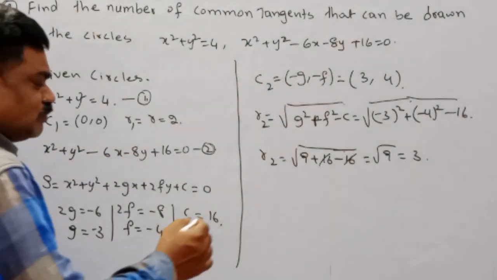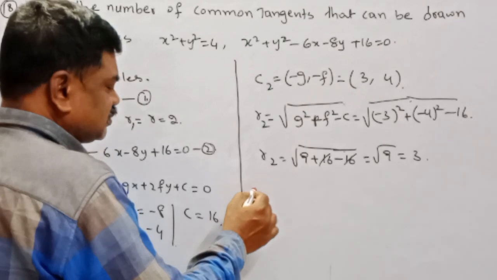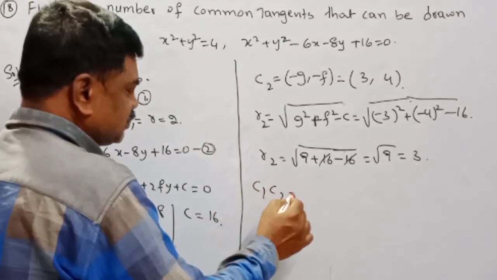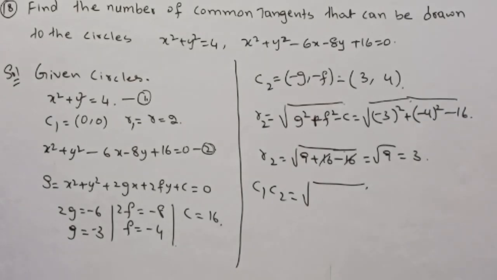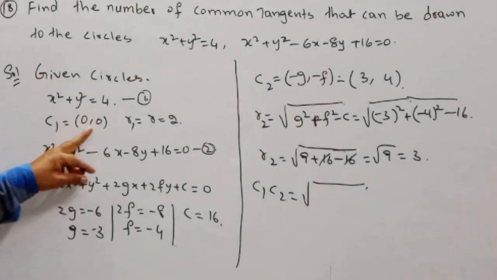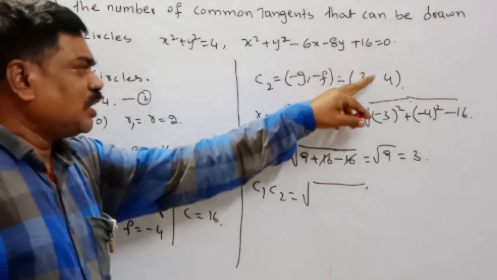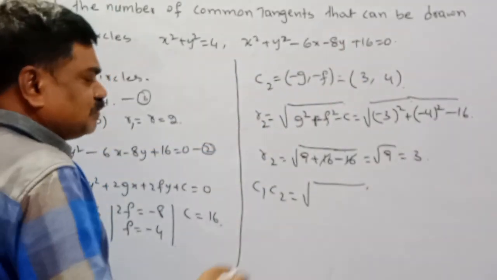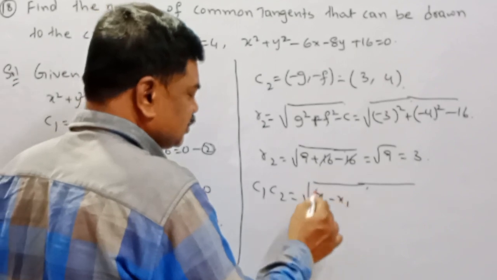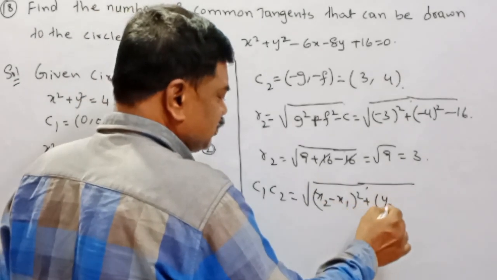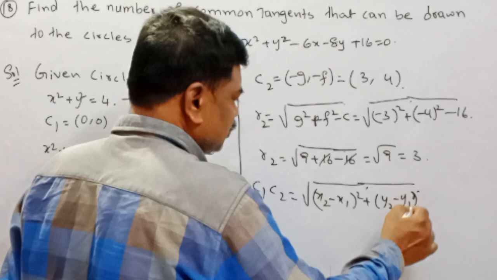So here you find the distance between the two centers C1 and C2, that is 0 comma 0 and 3 comma 4. The formula for distance between two centers is root over x2 minus x1 whole square plus y2 minus y1 whole square.